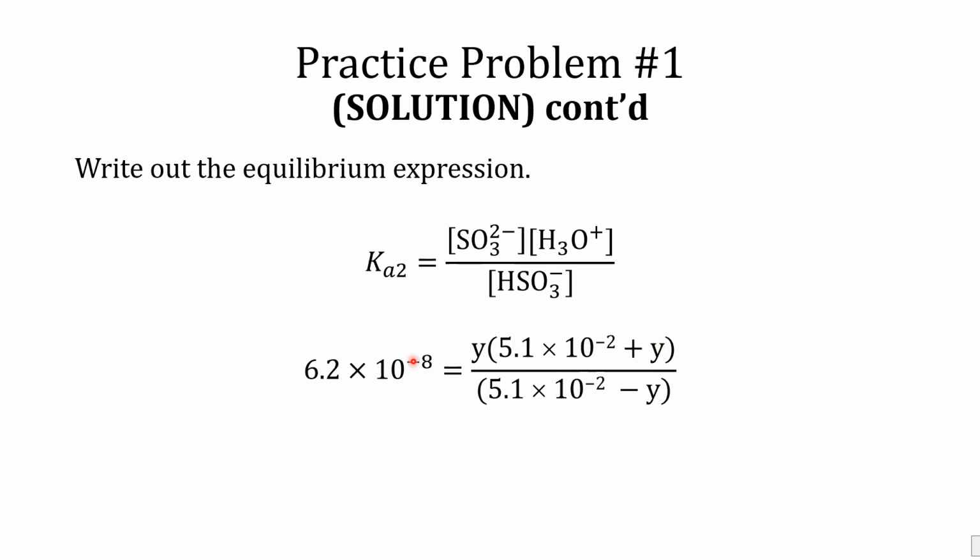After plugging in the numbers, 6.2 times 10 to the minus 8 equals Y times (5.1 times 10 to the minus 2 plus Y), divided by (5.1 times 10 to the minus 2 minus Y).